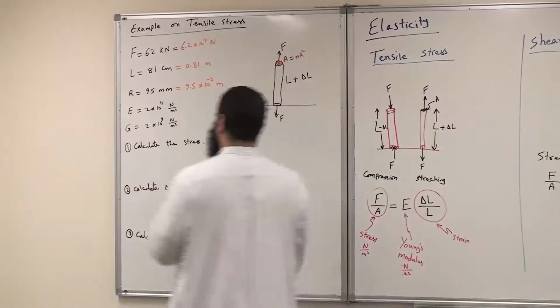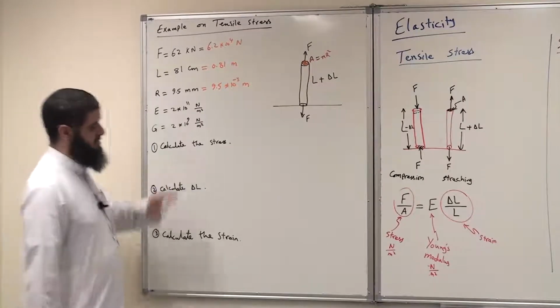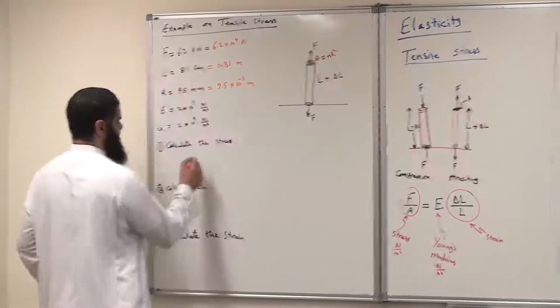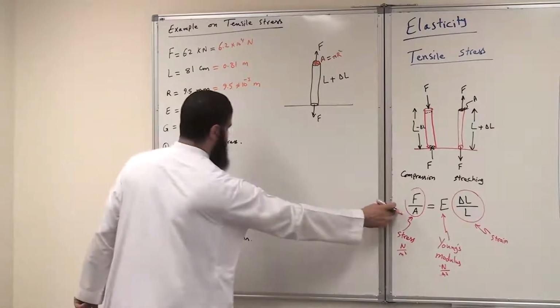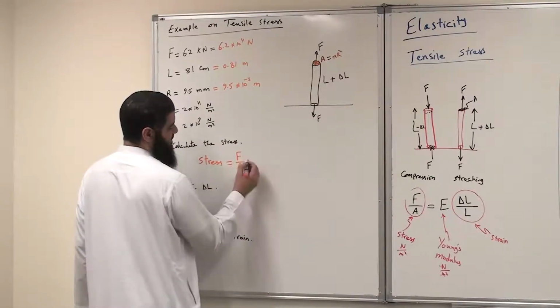Okay, in this question, he would like first to find the stress. The stress is nothing but the force divided by the area, okay? So stress, which is the left-hand side of this formula, equals the force over the cross-sectional area.